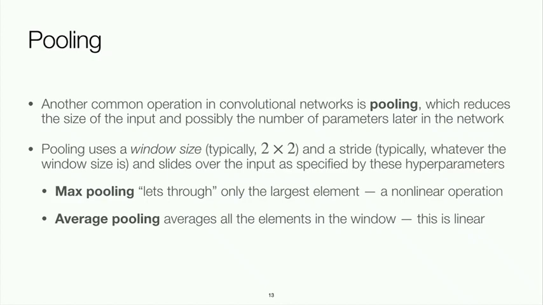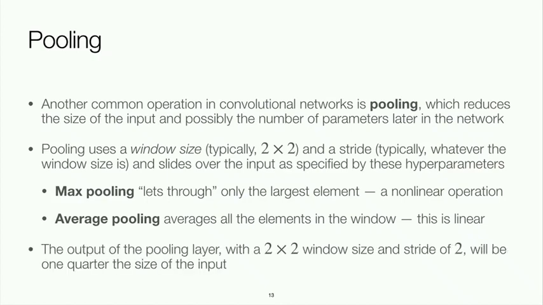Both of these are operations that reduce the size of the input into something smaller that might be easier to work with subsequently in the network. In particular, if my pooling uses a 2 by 2 window size and a stride of 2, then the output is only 1/4 the size of the input. So this is a pretty effective way of making things smaller as I move through the network.